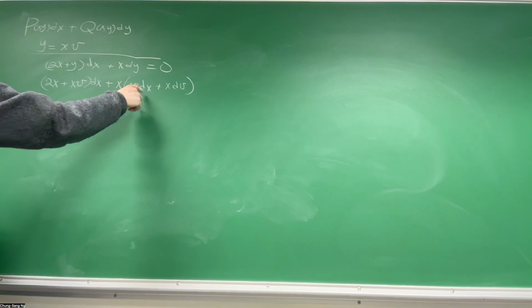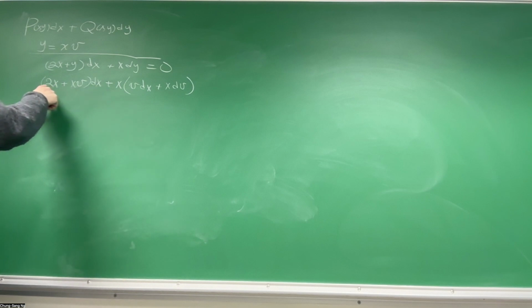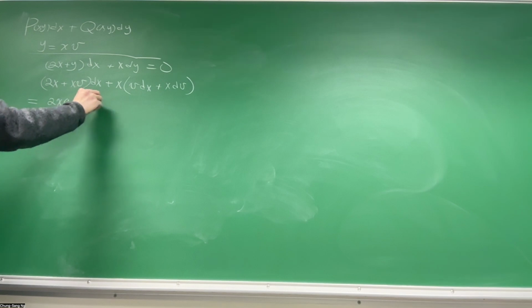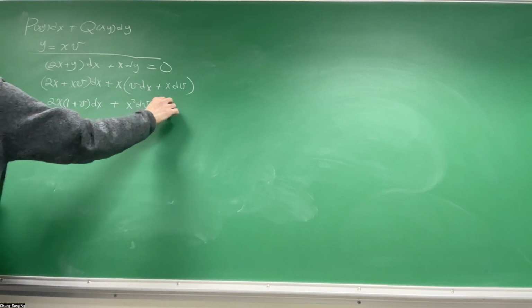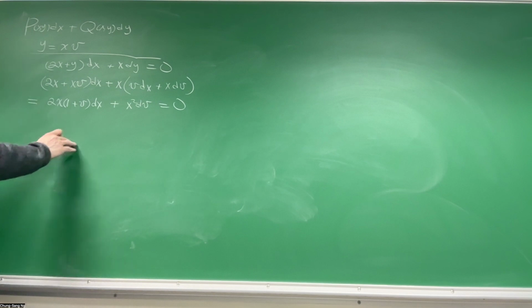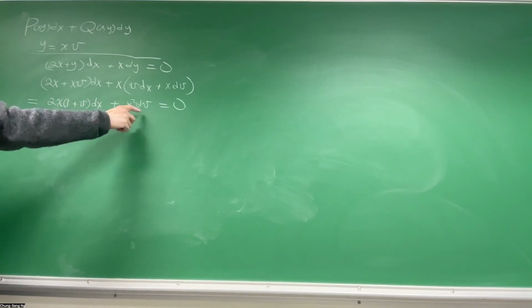Let's group all the terms. What you see is you have 2x, and then add this to the others, you get 2x v, right? But you have the 2x factor, so 2x (1 plus v) dx plus x squared dv is 0. But now this is separable, because you can divide by x to the other side, or divide 1 over (1 plus v) to the other, x to the other side.